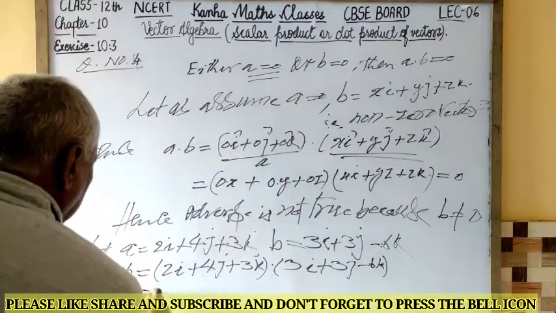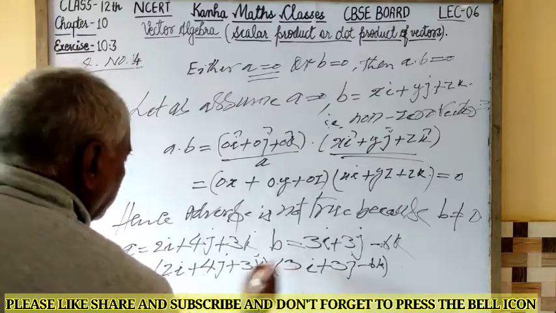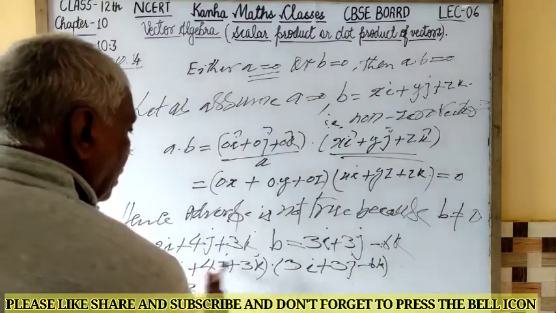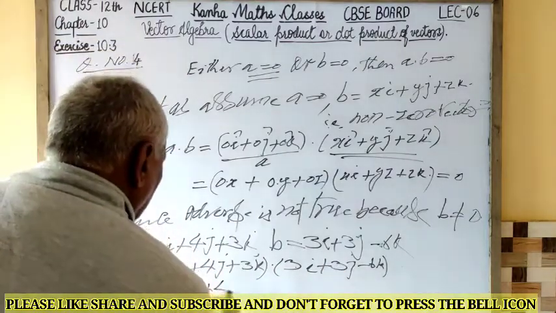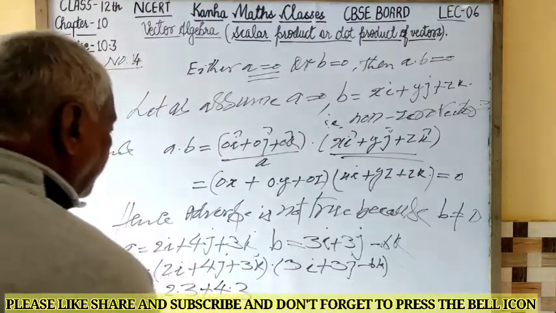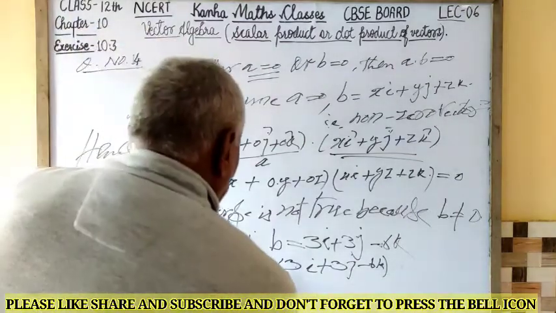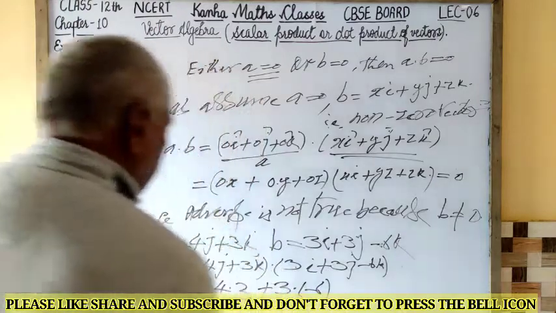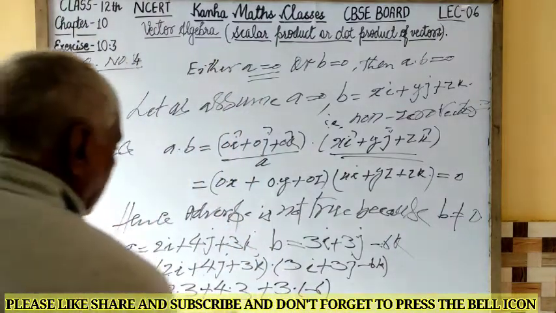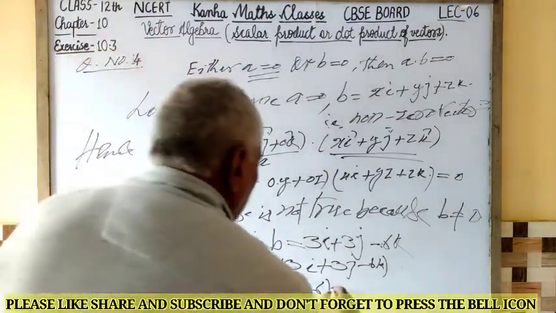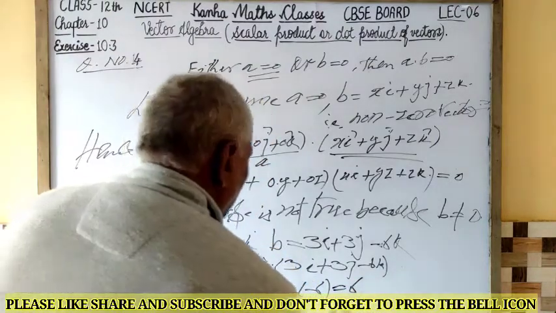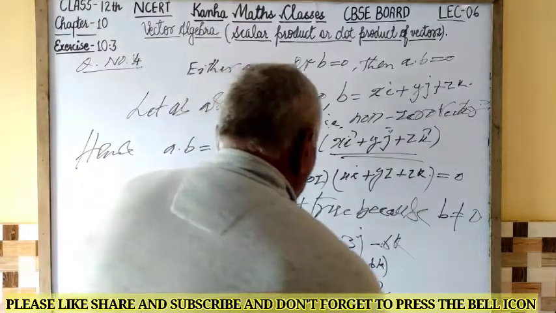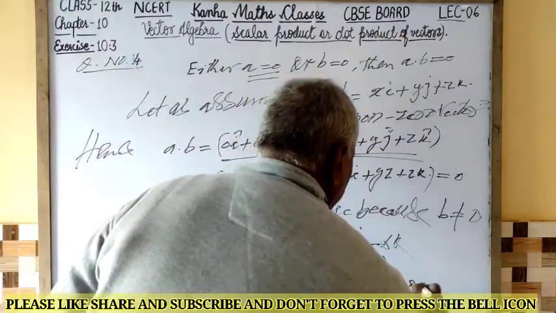That is 2 into 3 is 6, 4 into 3 is 12, and 3 into minus 6 is minus 18.